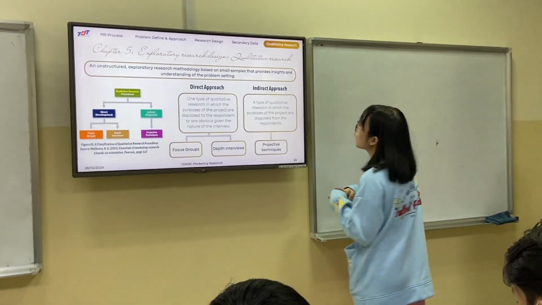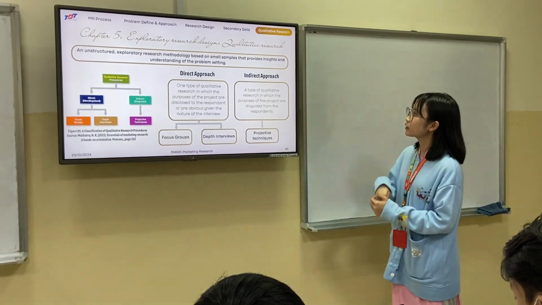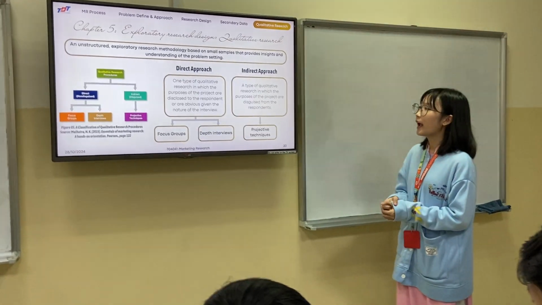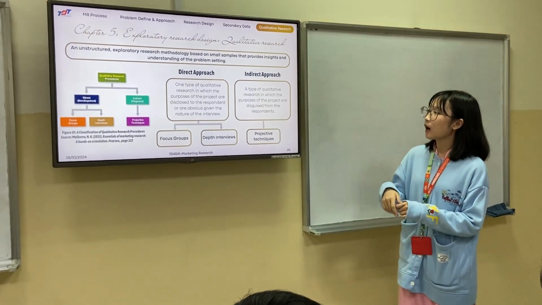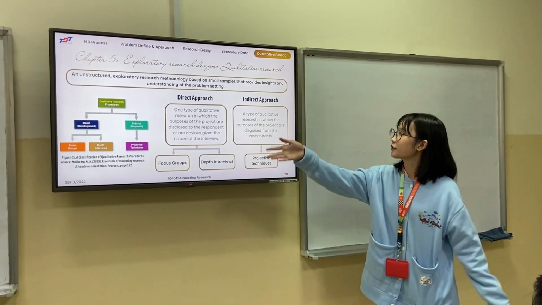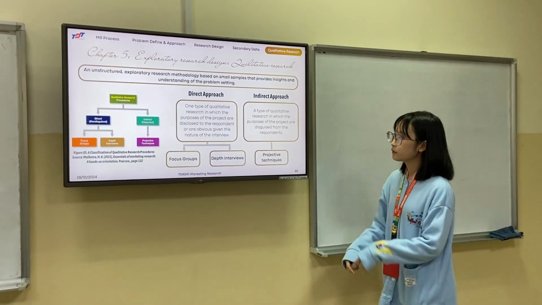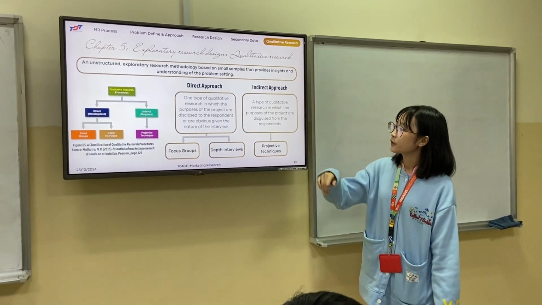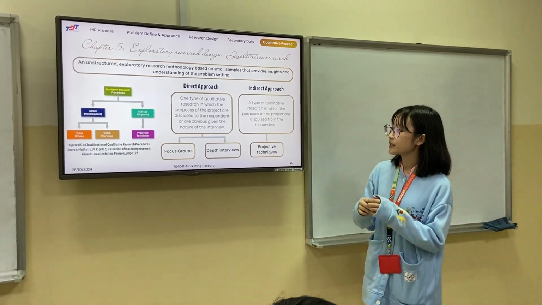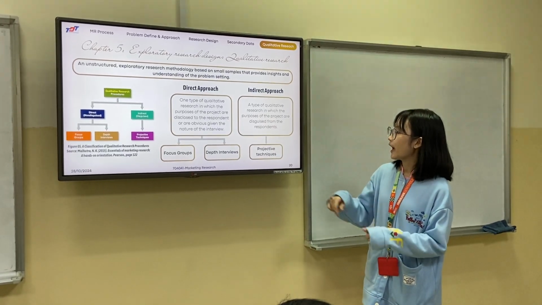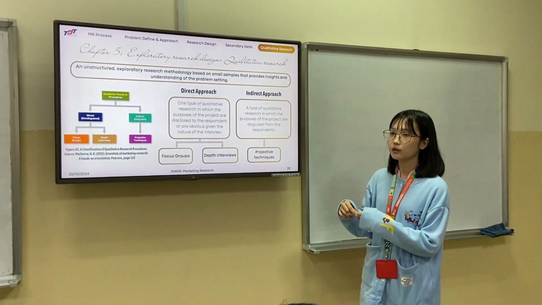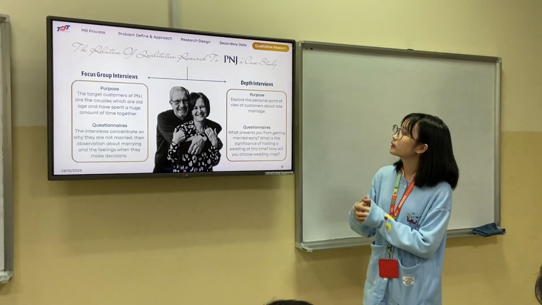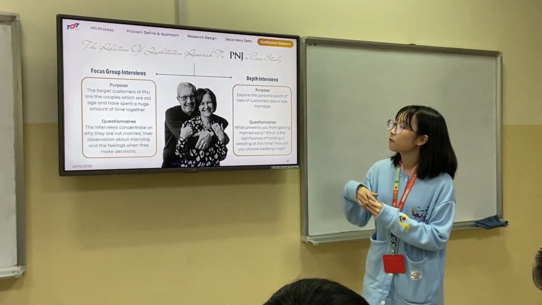Next. Now turning to chapter 5. Now we move to qualitative research. It's unstructured research with a small sample. And you can see on the slide, it has two main approaches: direct and indirect. In direct, we have focus group and deep interview, where the respondent can understand the purpose of the research. And for indirect, we also have projective techniques. And this is how P&G used it in the focus group interview.